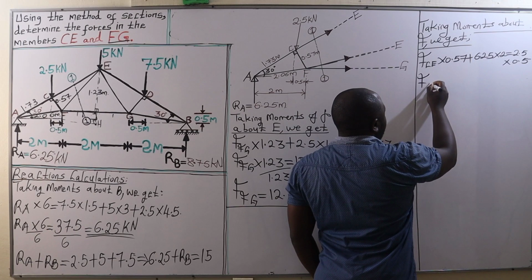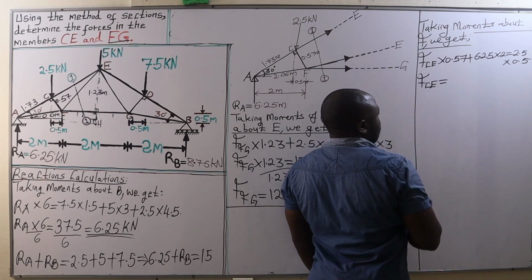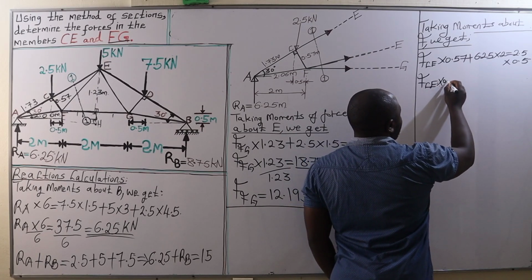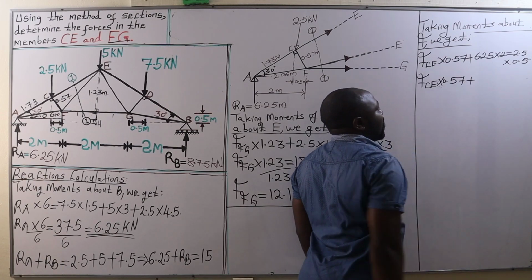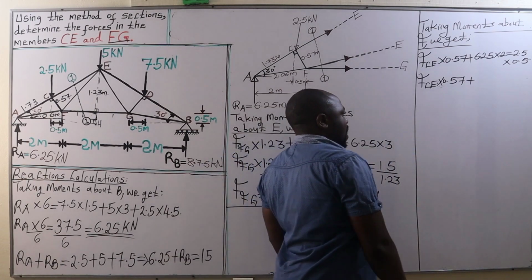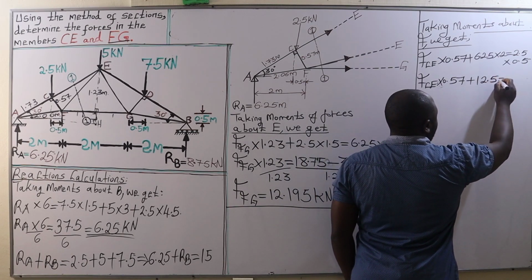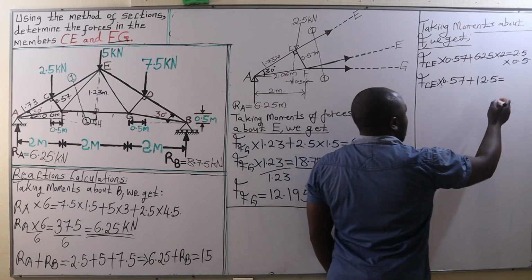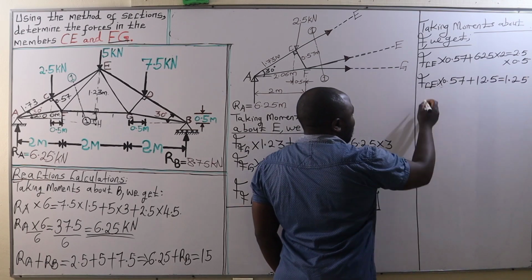Therefore, FCE will be given by, so FCE times 0.57 plus 6.25 times 2, that is 12.5, is equal to 2.5 times 0.5, that is 1.25.